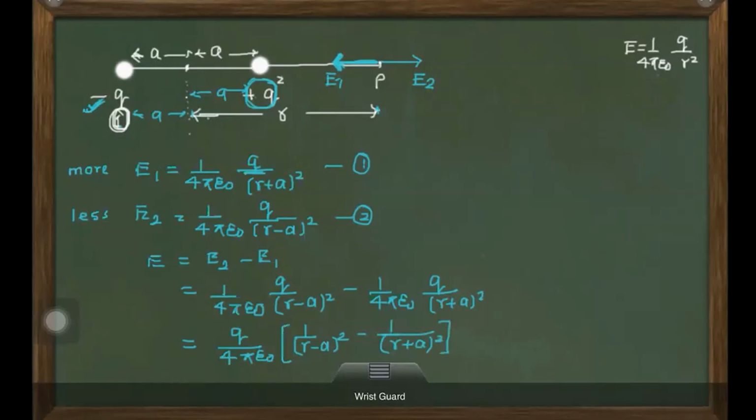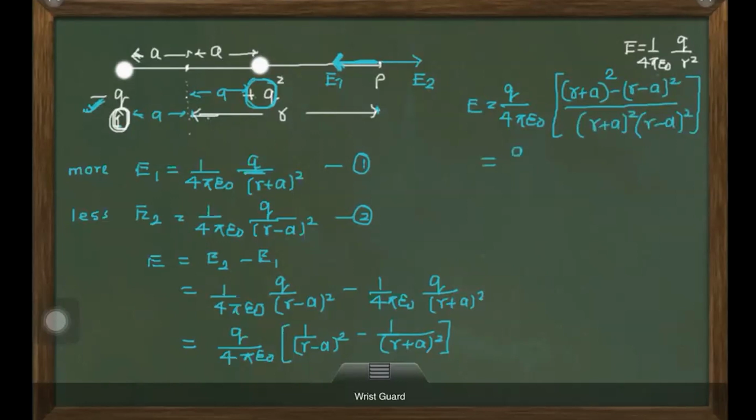So when we solve it, E is equal to 1 upon 4 pi epsilon naught and Q here. Taking the LCM, it will be R plus A whole square minus R minus A whole square divided by R plus A whole square into R minus A whole square. This will be the total overall value.